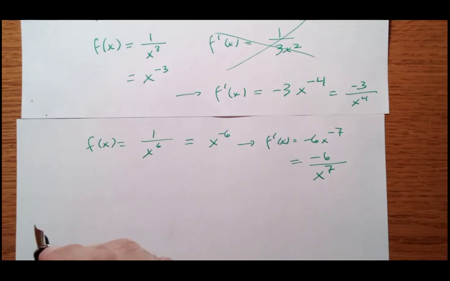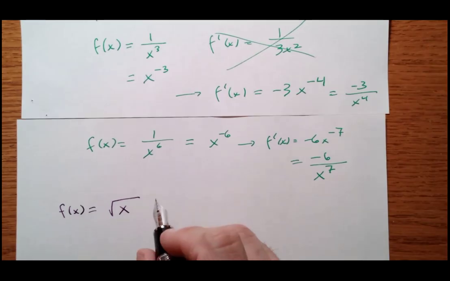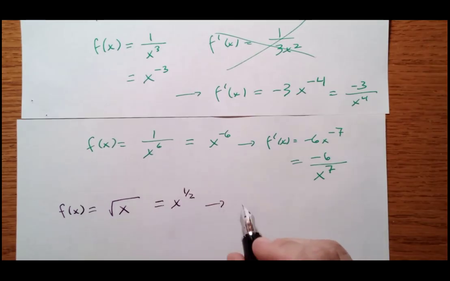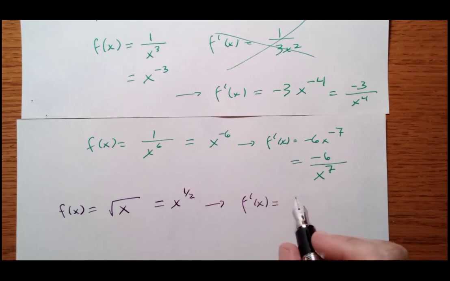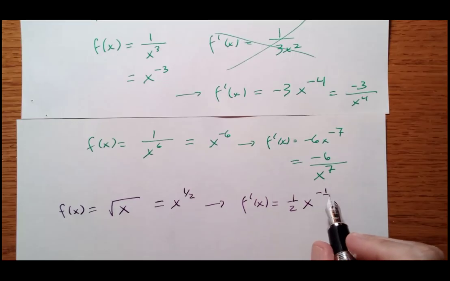Even things that you don't think of as powers really are powers. A square root is a, there should be a chorus from all of you sitting in your dorms or homes or wherever, oh right, that's x to the 1/2 power. And that means that my derivative is 1/2 x to the 1/2 minus 1, which is negative 1/2.